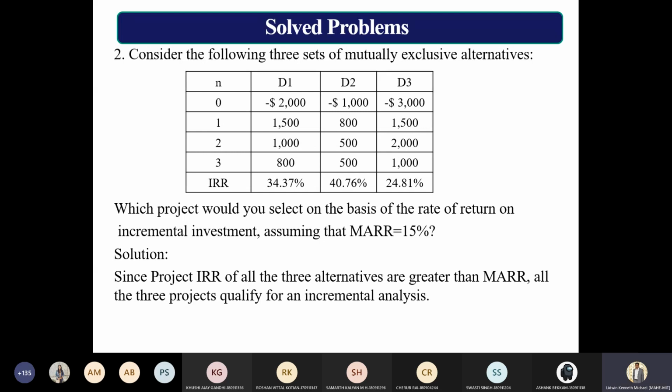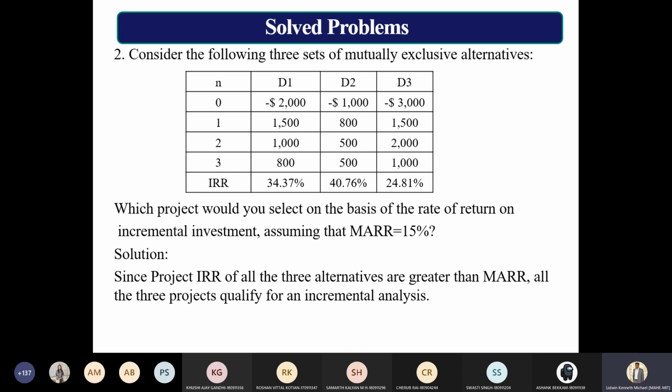Suppose there is one more alternative D4 and the investment is around minus 3,000, but the IRR is less than 15%. Say it is 14.72%. Are you going to consider that particular alternative? Suppose there is one more alternative D4.